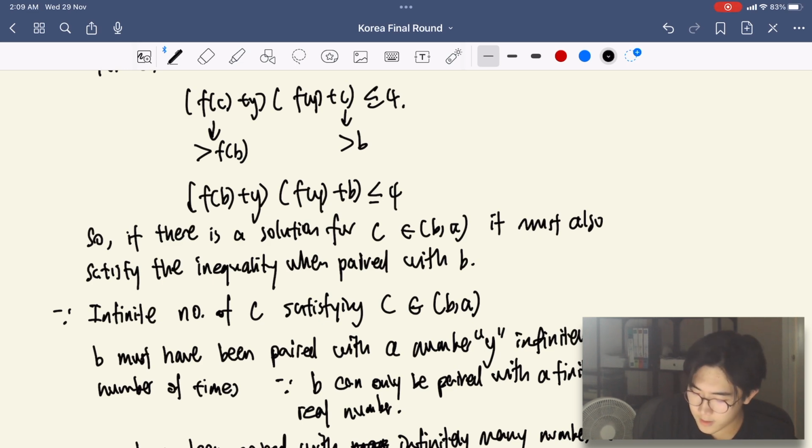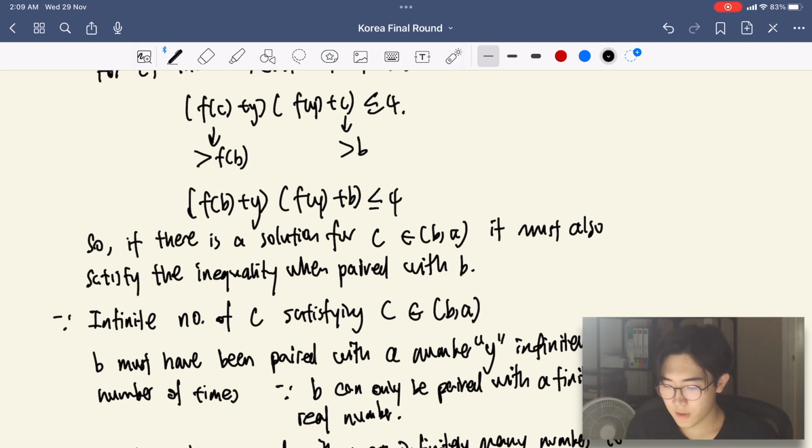Which is a contradiction, since y can only be paired with a finite number of numbers for the inequality.